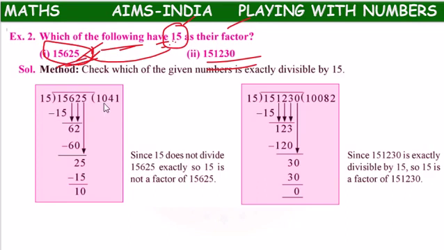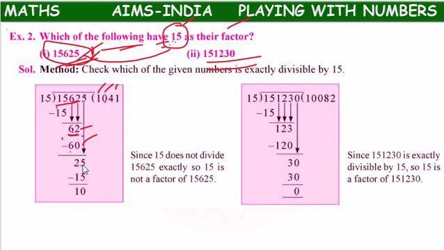If you do the division, first take two digits, 15. 15 one time, 15. We can take down 6, but 6 is less than 15, so we keep 0 here. We take the next number 2, then it becomes 62. 15 four times is 60, 2 remains.